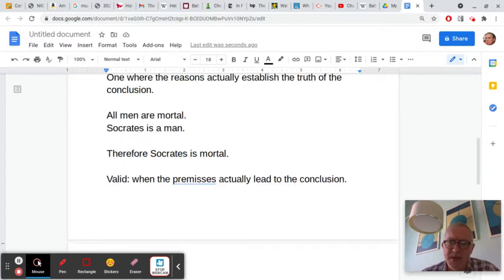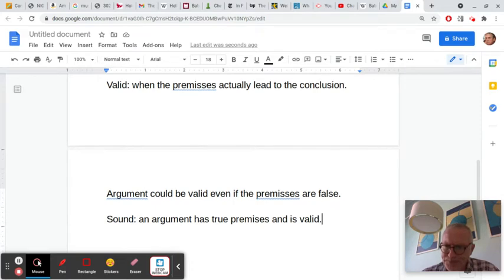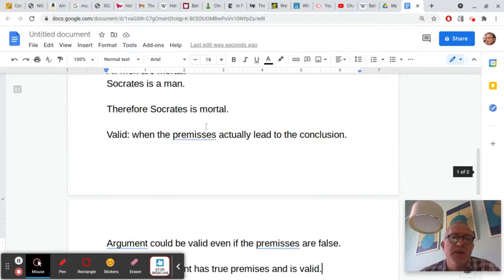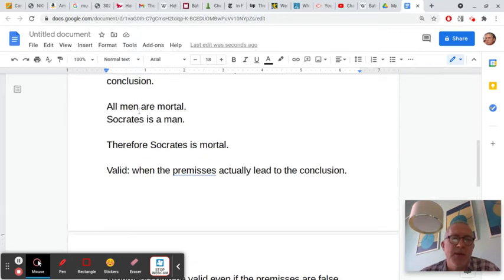So a good argument is really a sound argument, and that's not so easy to determine in the real world. Arguments like this are simple, but in the real world, with complex arguments, it can be very difficult to determine even what the premises of the argument are, much less to establish whether or not they're true and whether or not they actually do imply the conclusion.